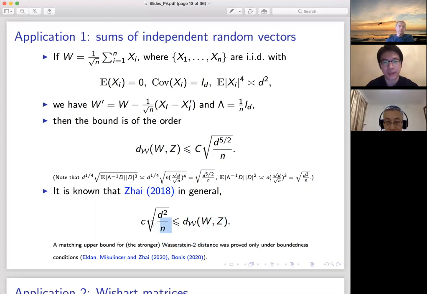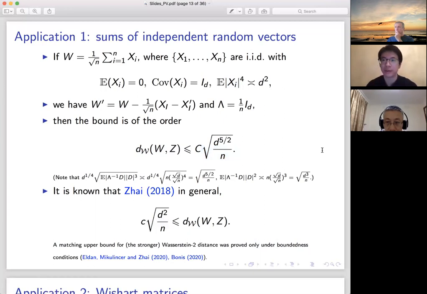They proved a matching bound for this stronger distance, however, only under boundedness conditions. That means they assume the Euclidean norm of xi is uniformly bounded above by a constant times square root of d. Therefore, it's still unclear whether the optimal upper bound is this one or this one under only finite moment conditions.